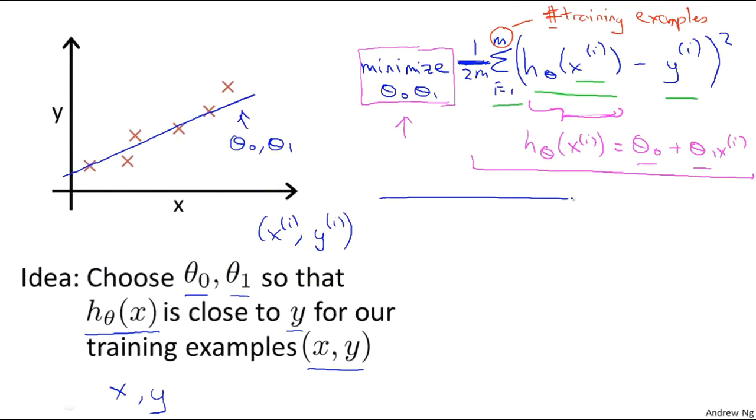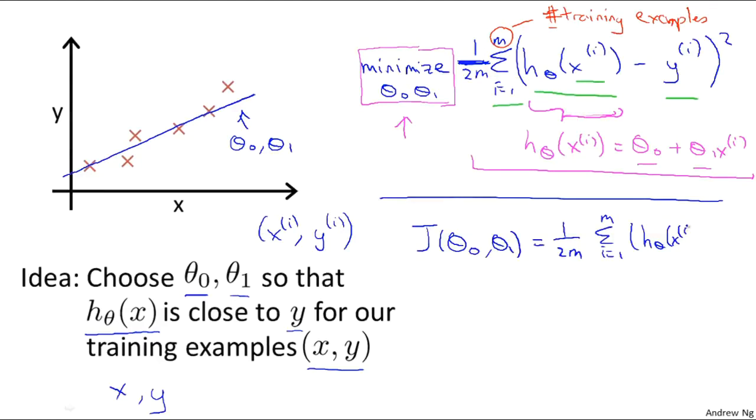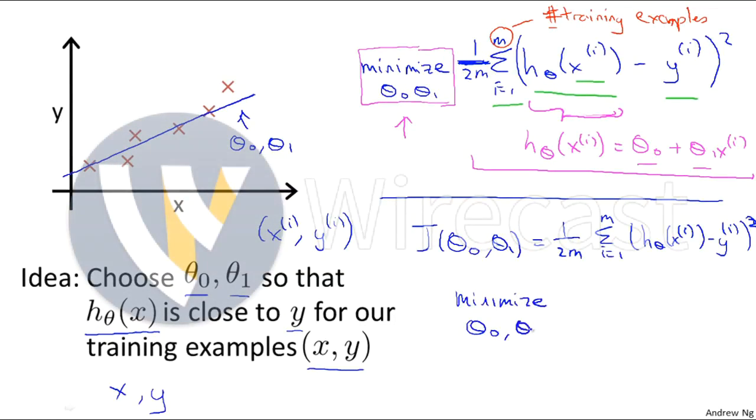And just to rewrite this a little bit more cleanly, by convention we usually define a cost function, which is going to be exactly that formula that I have up here. And what I want to do is minimize over theta 0 and theta 1 the function J of theta 0, comma, theta 1.